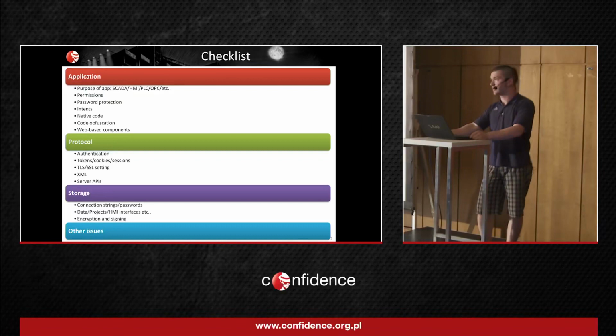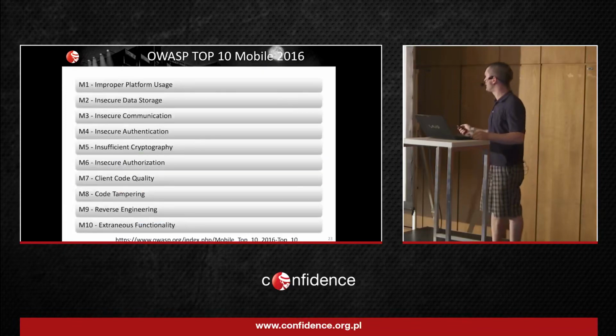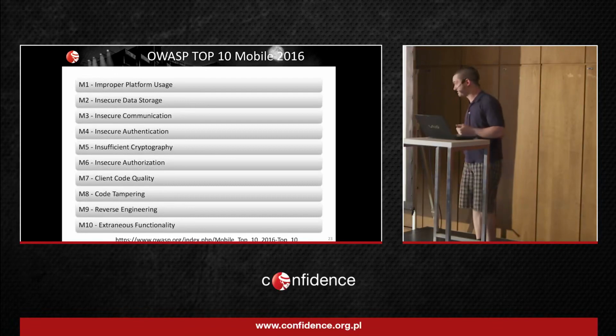Is it encrypted? What information can be used by an attacker, and so on, and some other minor checks. All our findings we try to group into the OWASP Top 10 Mobile for 2016 groups.